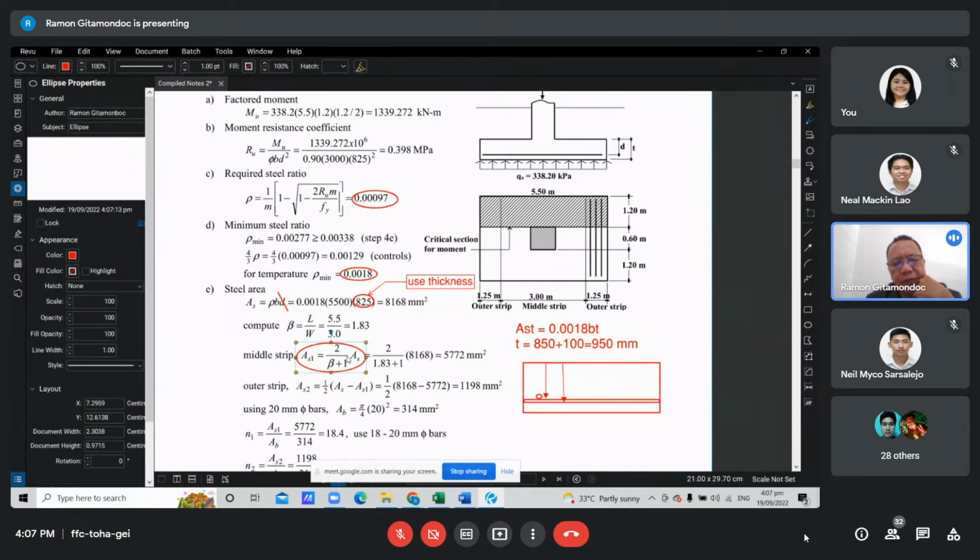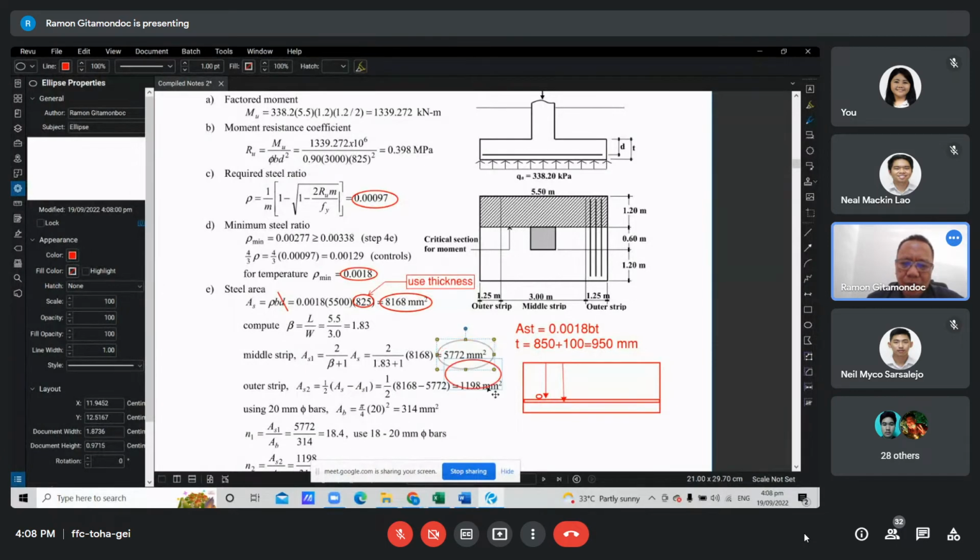So we get 1.83, substitute there, and we get the required amount of reinforcement for the middle strip, 5,772. Next, how much is left for the outer strips? We take the difference of this value and divide by 2, half for each side. So we get this result.